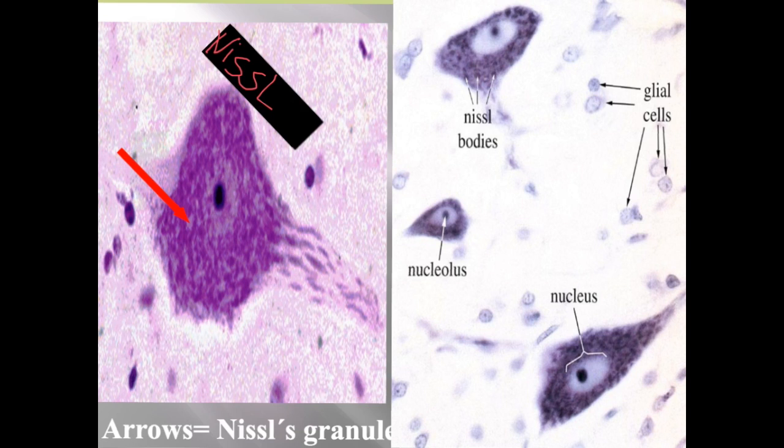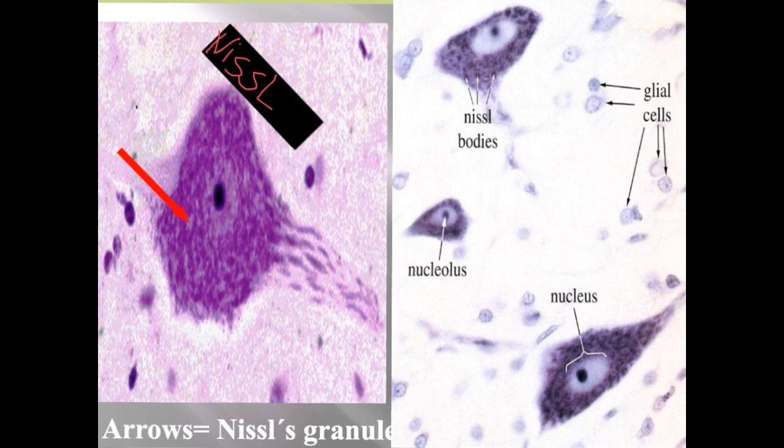On the right side you can see these multipolar nerve cells with the vesicular achromatic nucleus with prominent nucleolus, and the Nissl granules filling the cytoplasm of the cell body. Here is the same, but in these areas you can see a lot of cells.